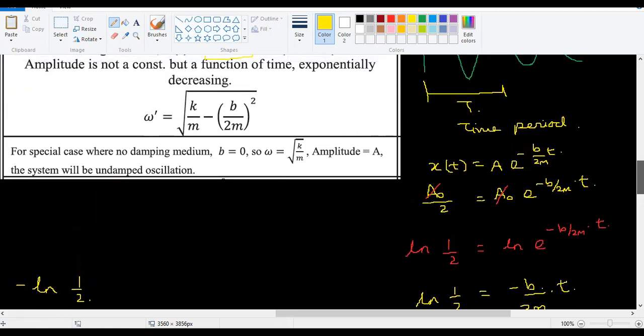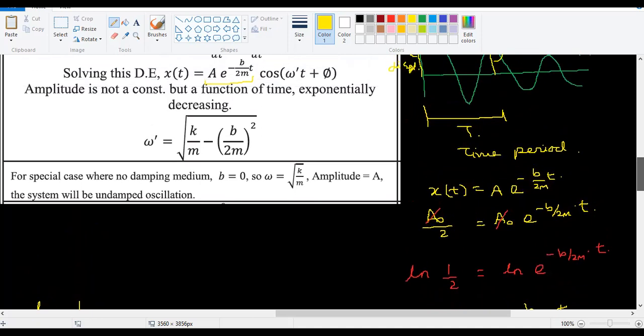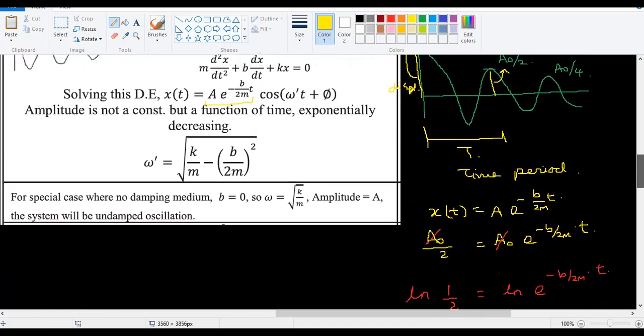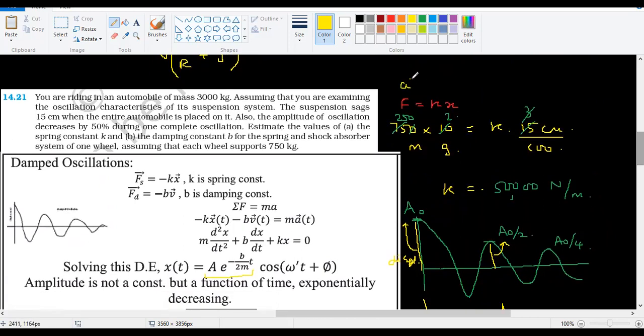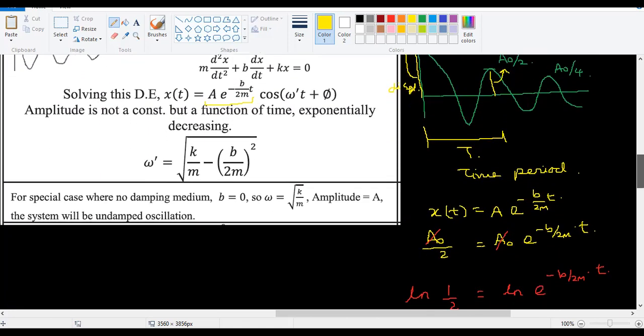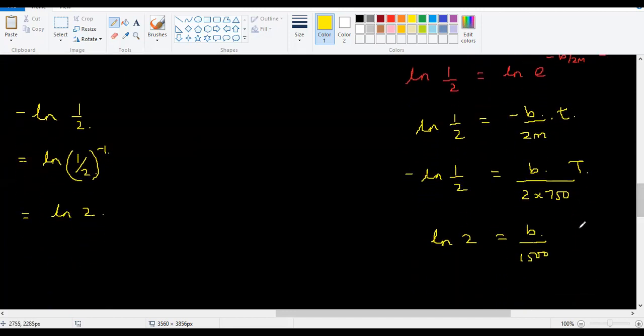So how do I deal with this? I already found the A part, so no issues. The B part is, I'm supposed to find the B. So I'm just trying to find some method. Let me try 2 pi by omega.